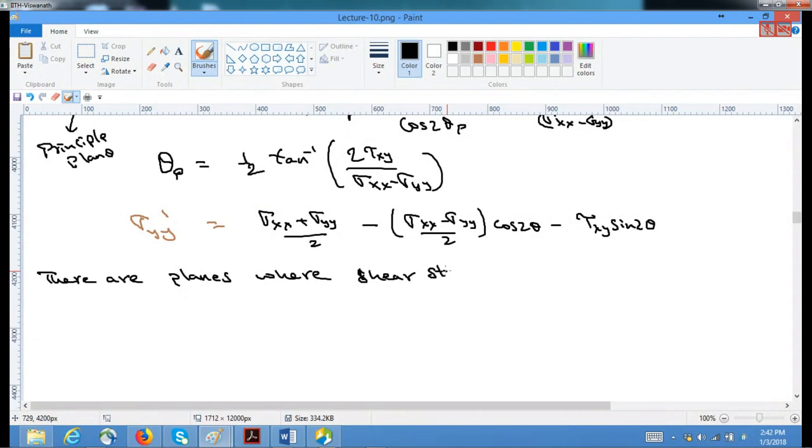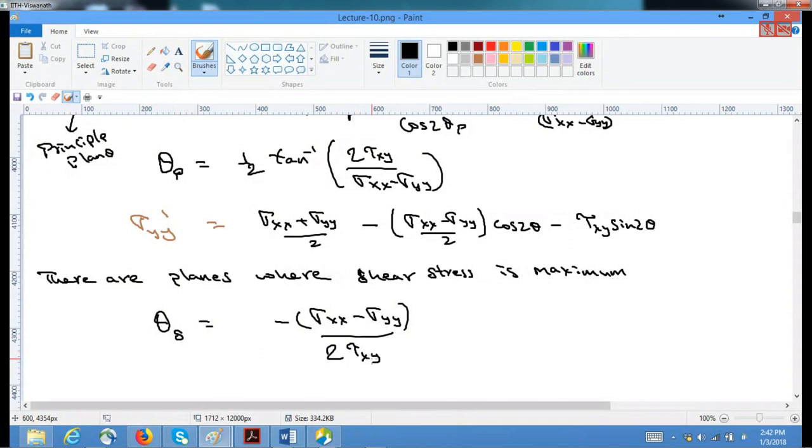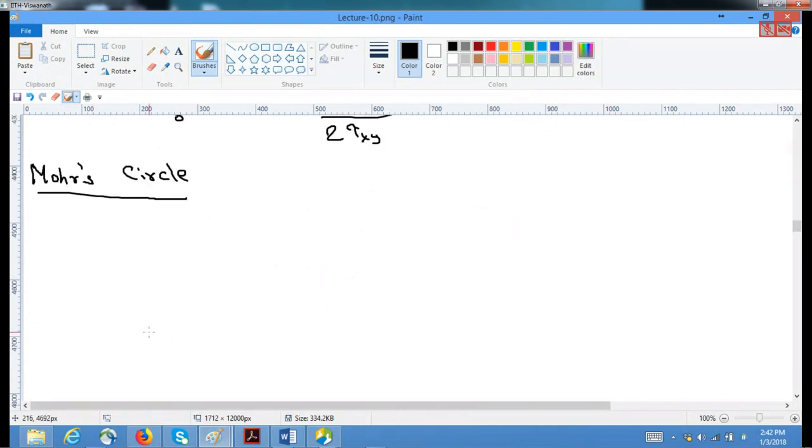And those planes are obtained when theta is equal to theta s, which is equal to minus of sigma xx minus sigma yy divided by 2 tau xy. Now, these kinds of equations can be easily obtained by what is known as the concept of Mohr's circle from your strength of materials. Okay.